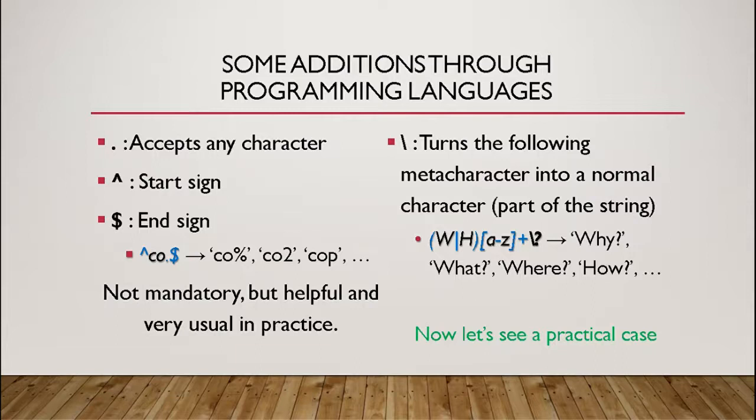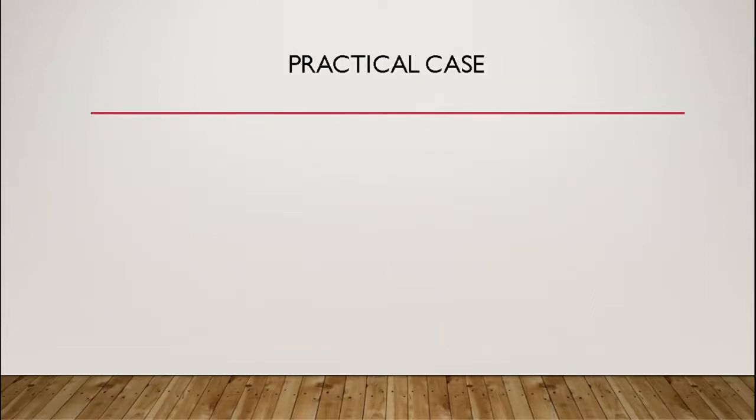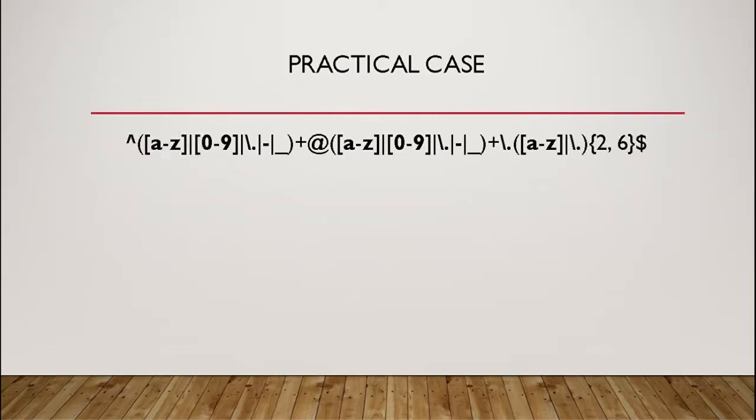Now let's see a practical case. If you have something like this, you can manage it into pieces. The first one asks for a combination of one or more lowercase letters, digit numbers, dot, hyphen or underscore. Note the backslash before the dot. This could be zd.bautista.